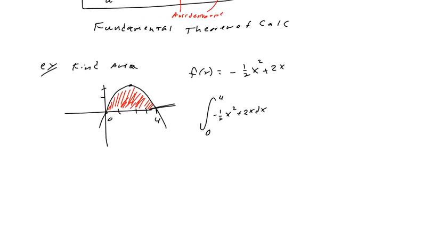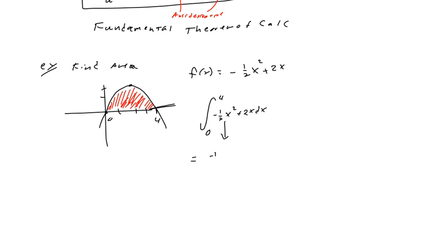So let's find our antiderivatives. What is the antiderivative of negative 1/2 x squared? What does this become? Antiderivative, right? Remember our rules here? Going backwards up the chain.